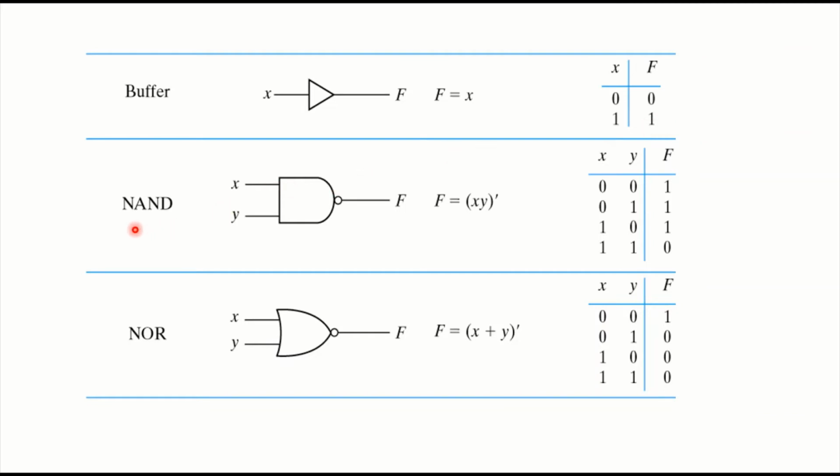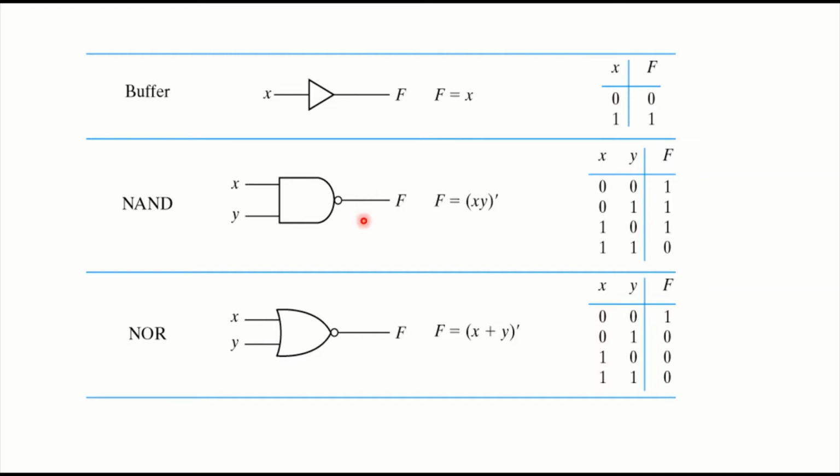Now the next logic gate is the NAND gate. NAND gate means not of AND gate. It means what we are doing here, we are putting an inverter circuit at the output of the AND gate.